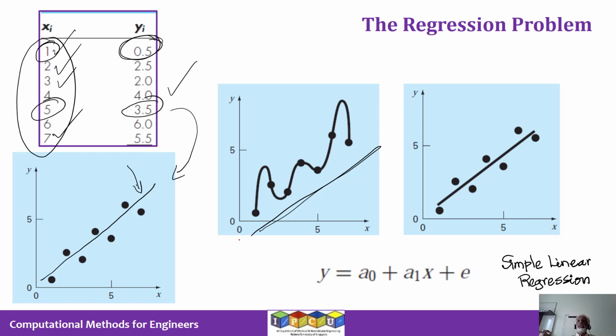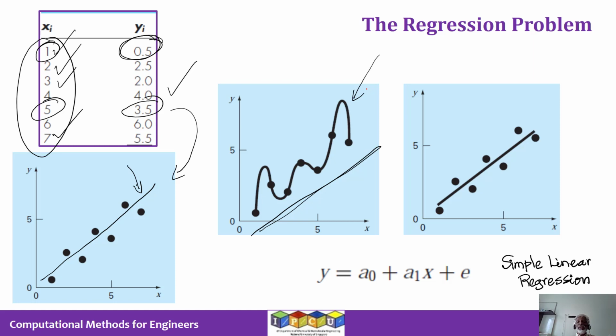A linear model, a linear polynomial has 2 parameters, slope and the intercept. So a sixth order polynomial will have 7 parameters, and if you estimate all the 7 parameters from the data, what you see is the resulting polynomial will go through all the data points perfectly. So this is what is called a perfect fit to the data.